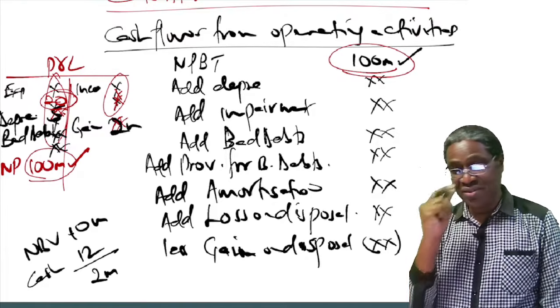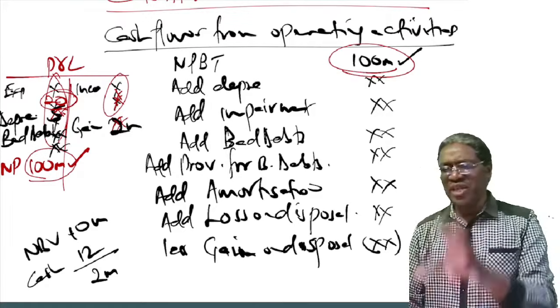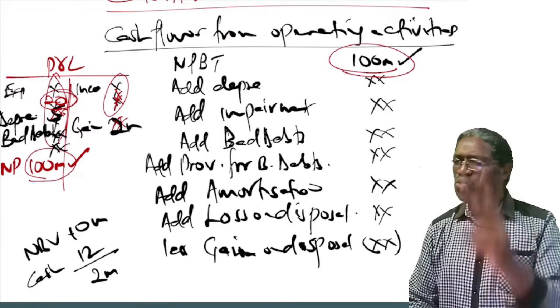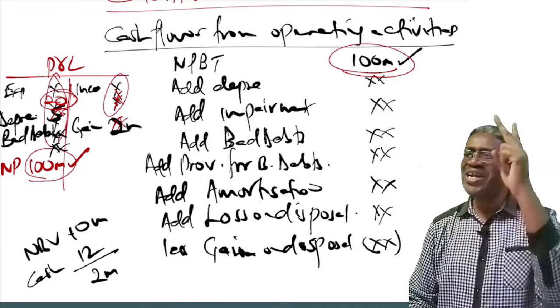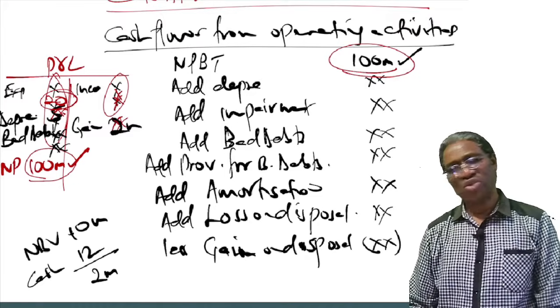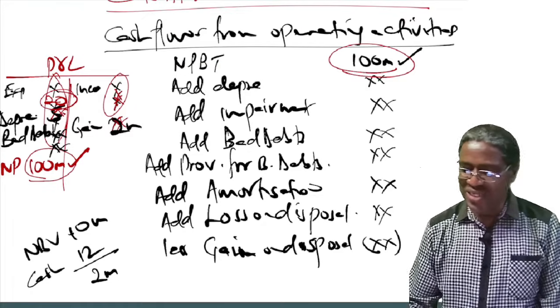In other words, whenever you are given a question of cash flow, there are two non-cash items that will never miss in that question. One of them being depreciation.